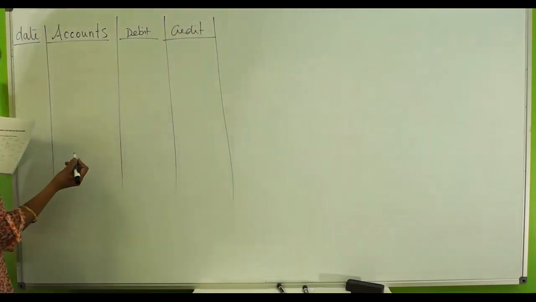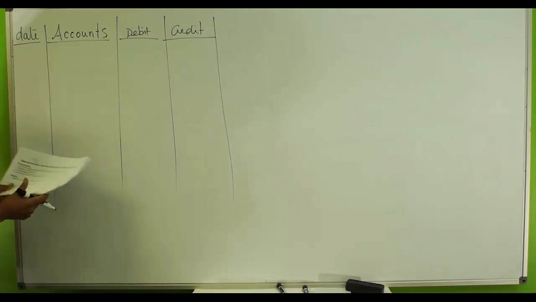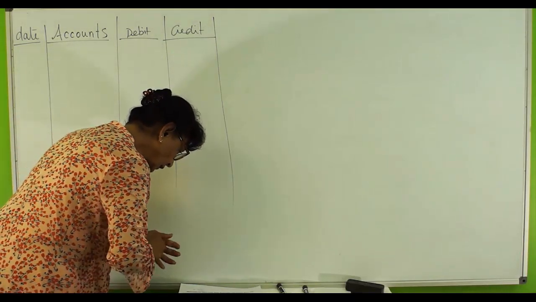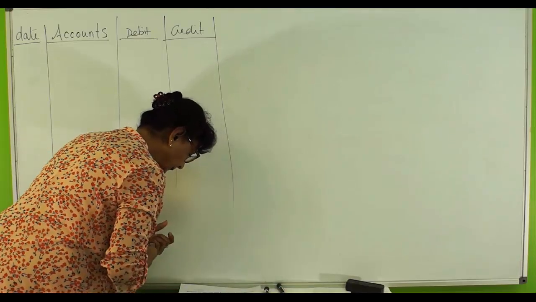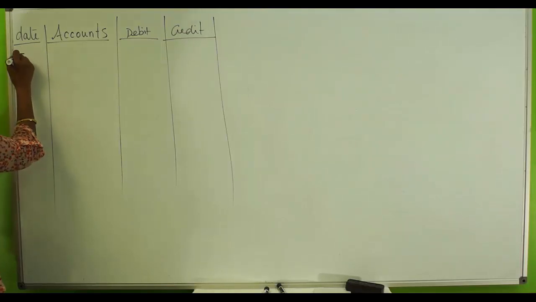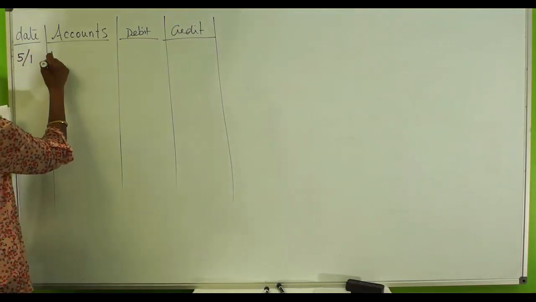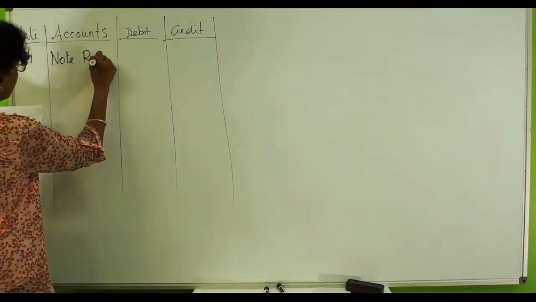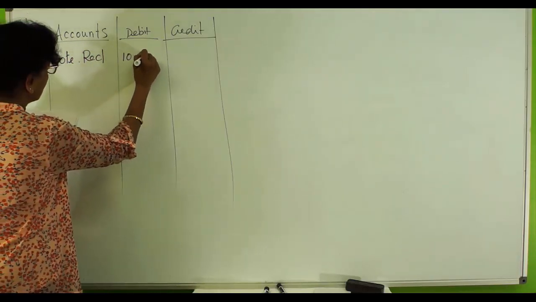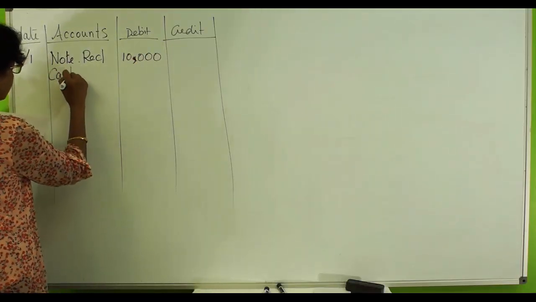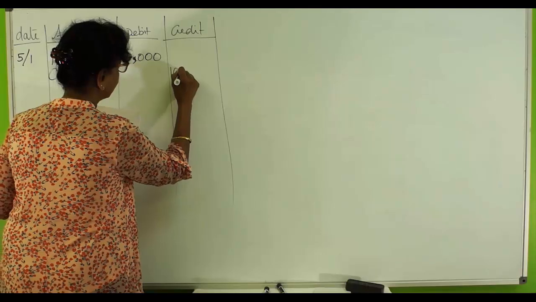So first, May 1st, company A loaned $10,000 to company B in exchange for a note. So on May 1st, you debit note receivable for $10,000 and credit cash $10,000.